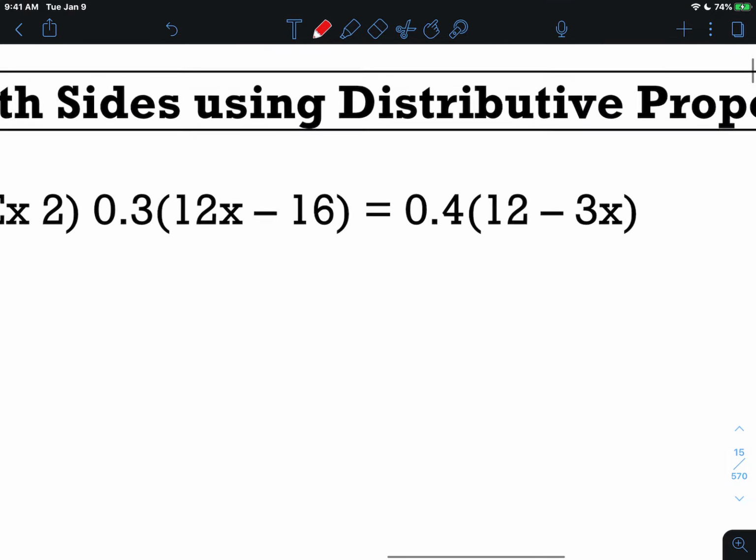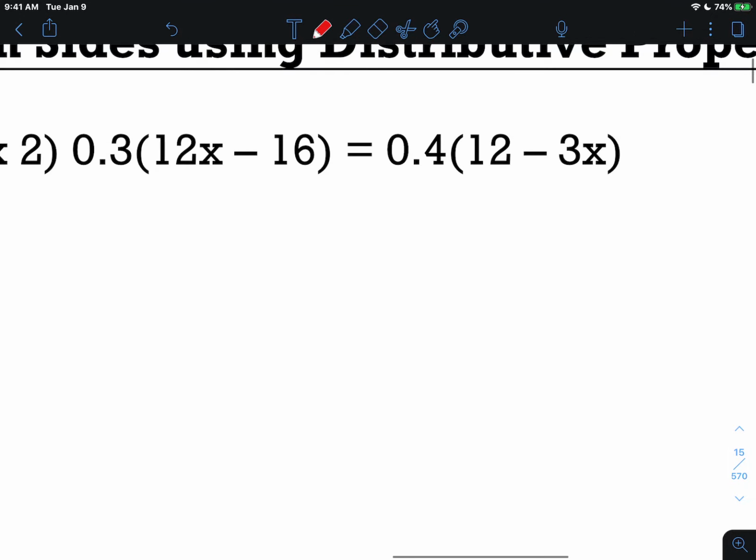Now, this guy has some decimals in it. So there's a couple of different ways that we can deal with this. In my mind, whenever I see decimals, I always say, all right, are there easier fractions? Is there something I can multiply them by in order to get rid of them? There's so many different ways, right?